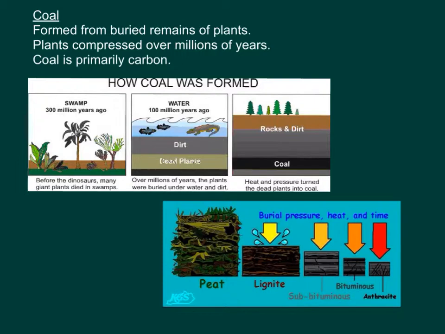Now, if you look at some chunks of coal, you can actually see fossils of leaves and such. So coal is essentially dead plants that have been squished, and you can see the stages. So you go from peat to lignite to bituminous to anthracite, which is what we talk about as coal now.